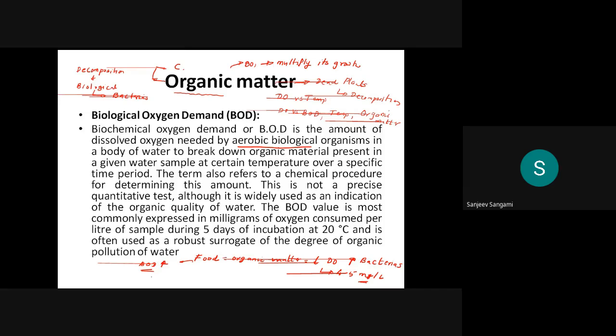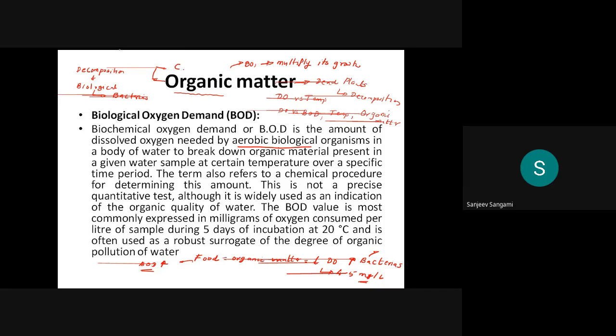Whatever I have explained in detail is the same meaning. So the amount of dissolved oxygen needed is the amount of oxygen consumed by the bacteria. You only have to concentrate on the aerobic bacteria.